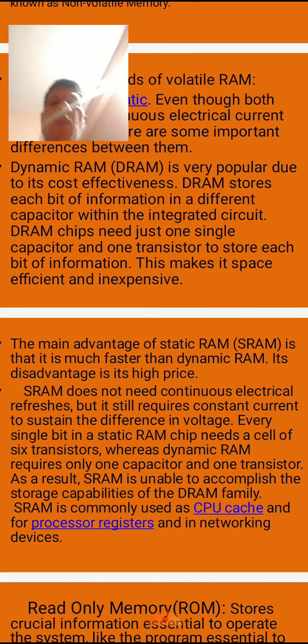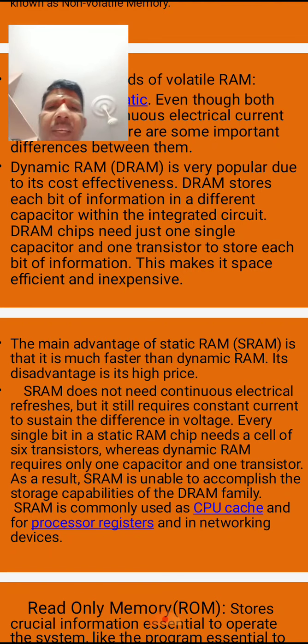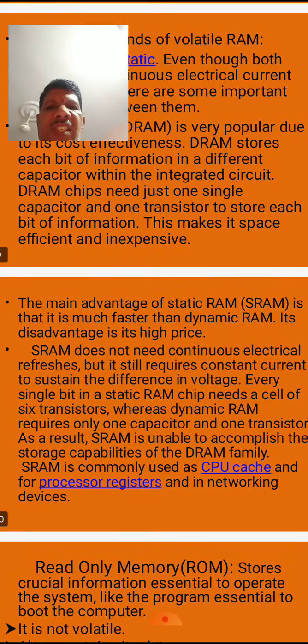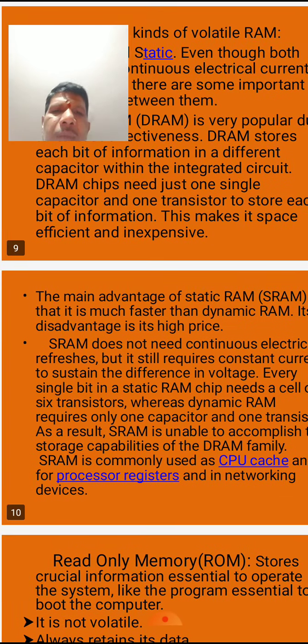Every single bit in a static RAM chip needs a cell of 6 transistors, whereas dynamic RAM requires one capacitor. So static RAM price is high, since it needs 6 transistors, whereas dynamic RAM needs only one capacitor and one transistor. As a result, SRAM is unable to accomplish the storage capabilities of the DRAM family.